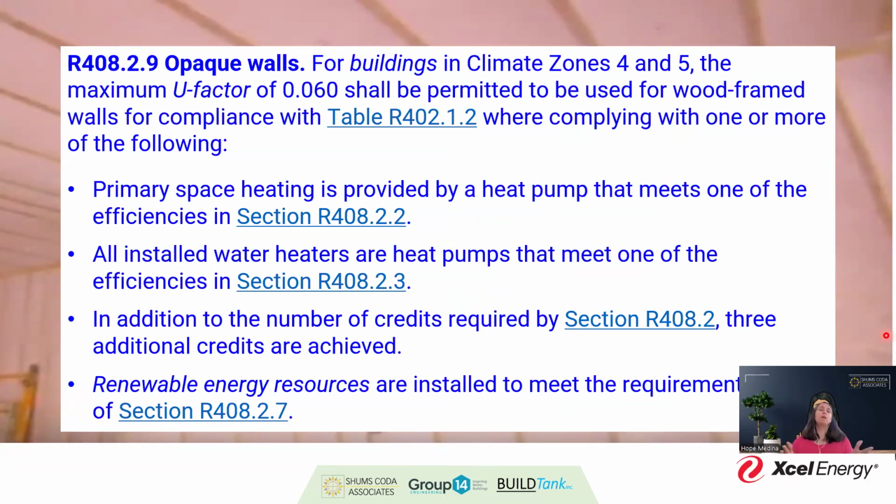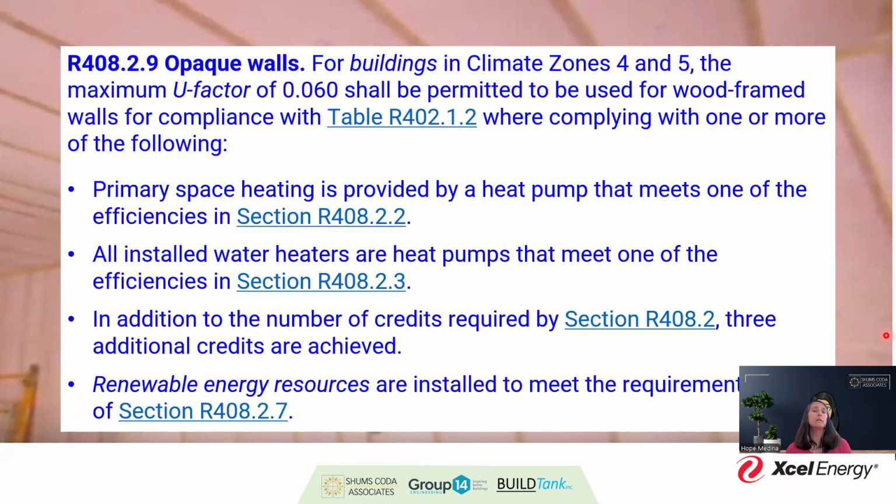But for opaque walls, if you're going to go with the U-factor option of the insulation and fenestration requirement for your prescriptive compliance path, instead of that 0.045 U-factor, you can have it increase to 0.060, but you do have to comply with at least one of the following.